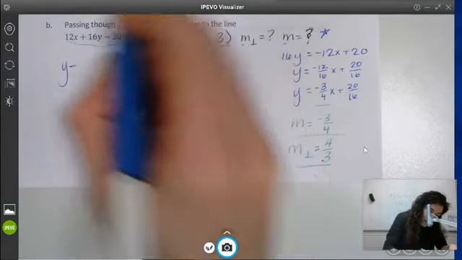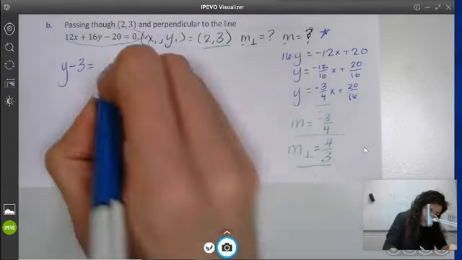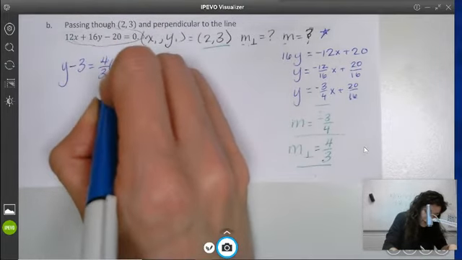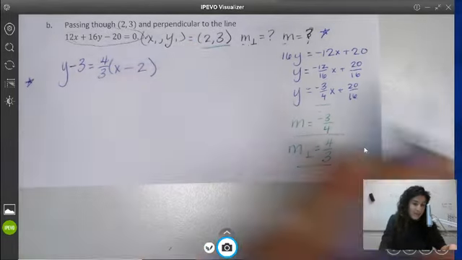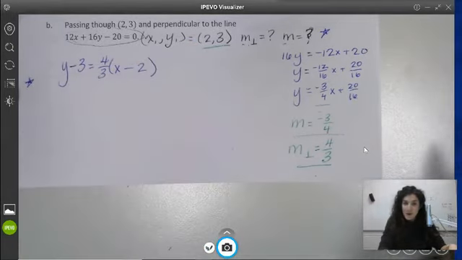Y minus y1 is 3 equals m times x minus x1. Go ahead and put this into your slope-intercept form on your own.